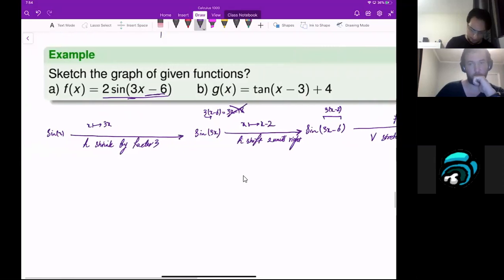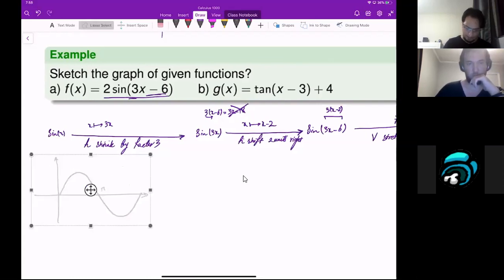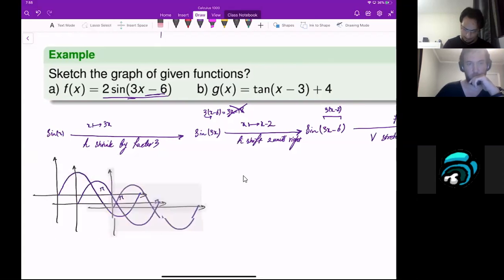So if I start with sine, now it's enough to sketch it only for one period. So it will go like this, and then come back, and then go up. Here's pi. Then in the first step, copy, paste.